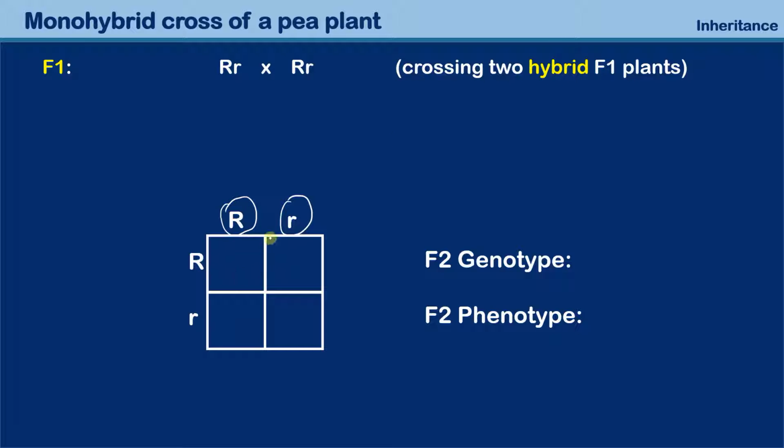Now, if we do that, again, we do our cross. This sperm cell over here fertilizes this egg cell over here, capital R, homozygous dominant, it's a red flower. Capital R, lowercase r, this is again a red flower, but it's heterozygous. Same over here, and over here we have homozygous recessive.